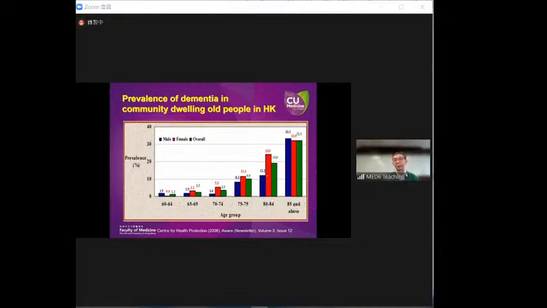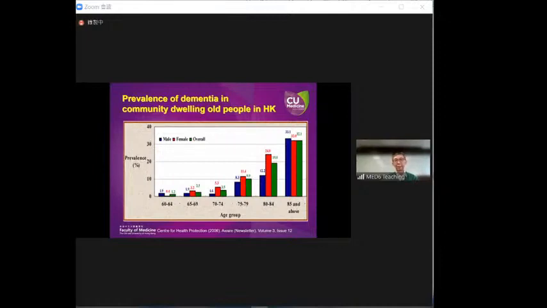Hong Kong and China were poor a century ago or a few decades ago. When conditions were poor, there was a prejudice against women, and so the girls did not have a chance of education. And low education is a risk factor for dementia. At least they will present earlier than people with higher education.